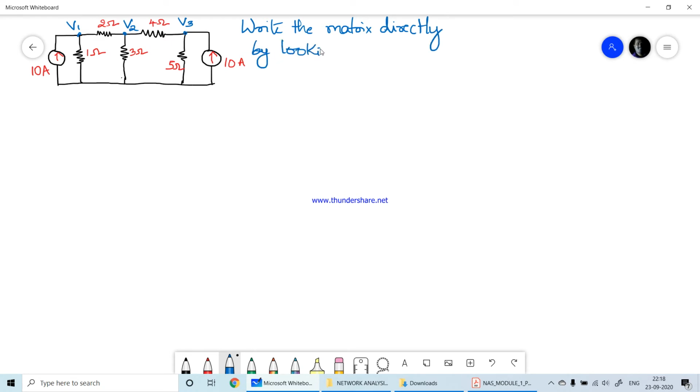I hope I have explained the same thing for mesh analysis, so we'll do the same for node voltage analysis also. Let us see how to write the matrix directly by looking into the circuit diagram.